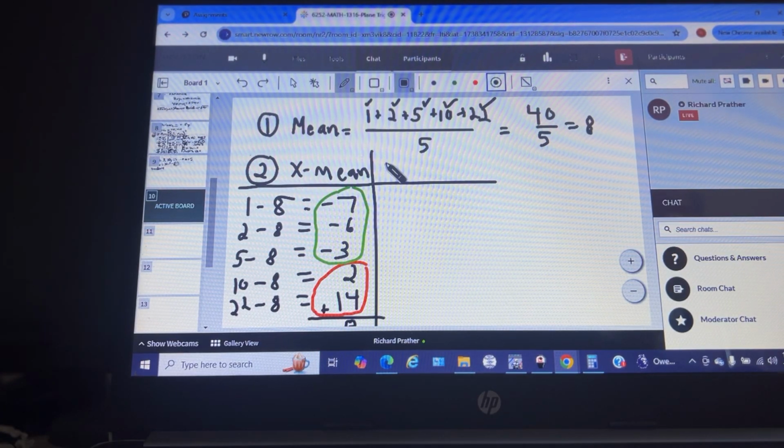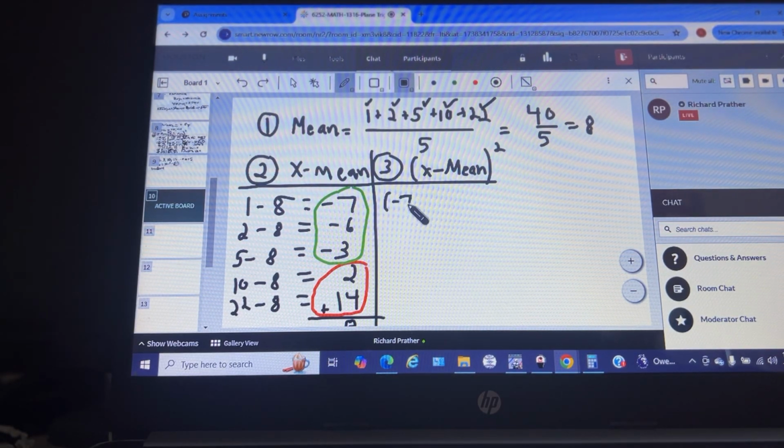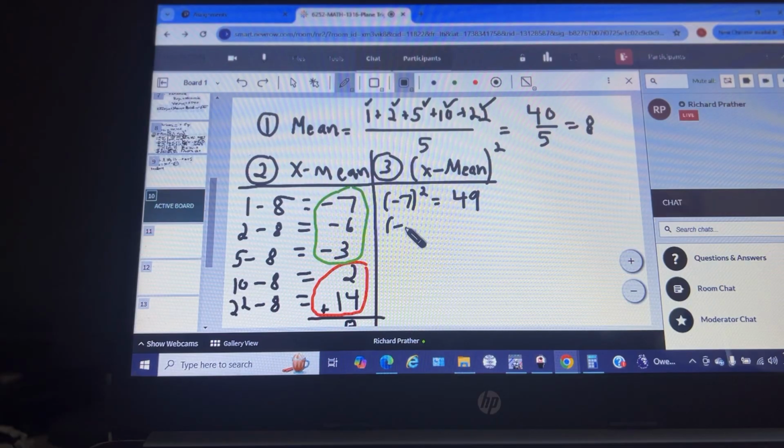This is why we even have step 3. Step 3 is to try to get rid of this issue where the negatives cancel the positives by making them all positive. So if you square every answer, they'll turn positive because anything squared is positive. Negative 7 times negative 7 is positive 49. Negative 6 times negative 6 is positive 36.